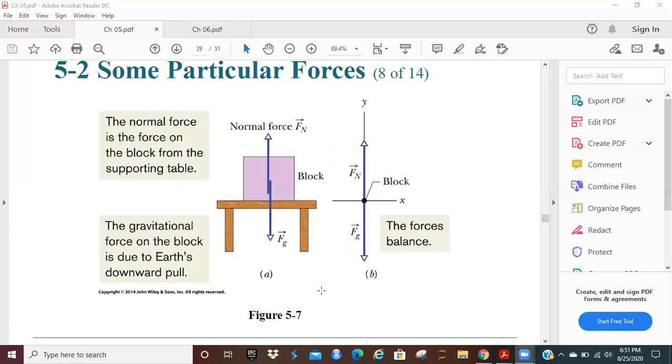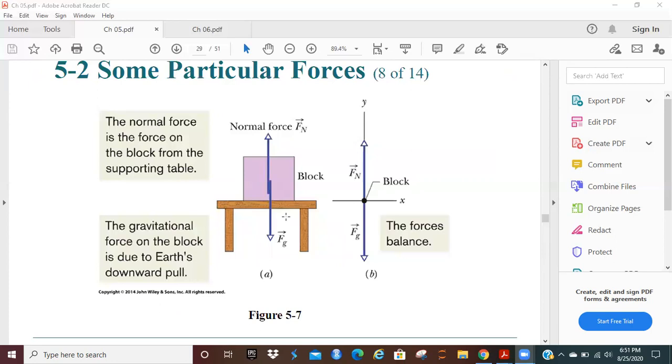Here's an example. The normal force is the force on the block from the supporting table. In other words, the table is pushing back. And you can see that the block has the force of gravity working on it. The block is just sitting on the table.